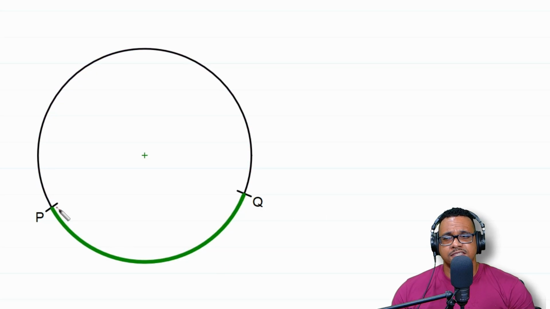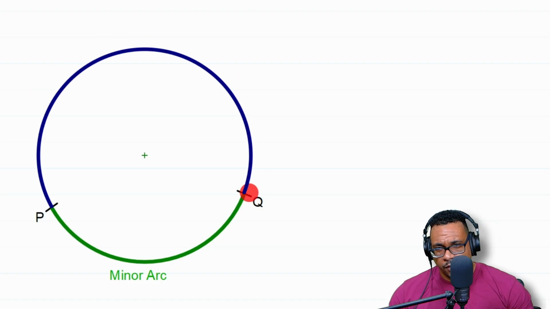So here I have 2 points, P and Q. Now the distance from P to Q along this line here in green will be called the minor arc. This is a piece of the circumference of the circle. And the distance from P to Q along this path, which is a greater distance than the one in green, would be known as the major arc because it's longer.